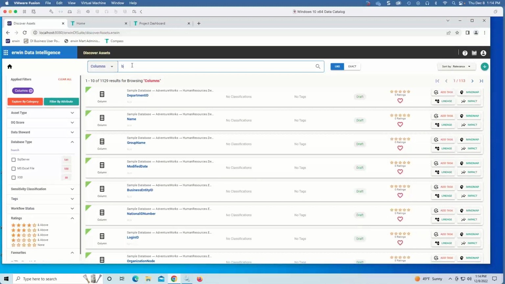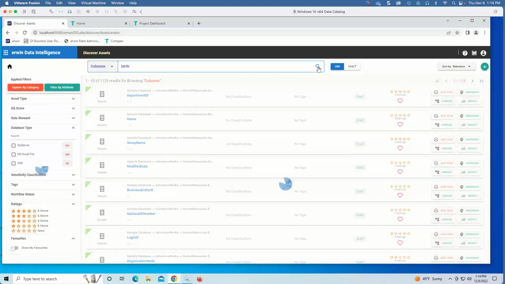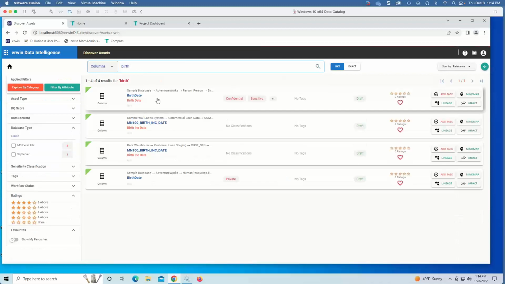So I just have to type in birth and then do a search, and I can come up with a birth date. So these are different systems that contain this concept of birth, but you'll notice in here inside of my loan systems, there's something called birth incorporation date.